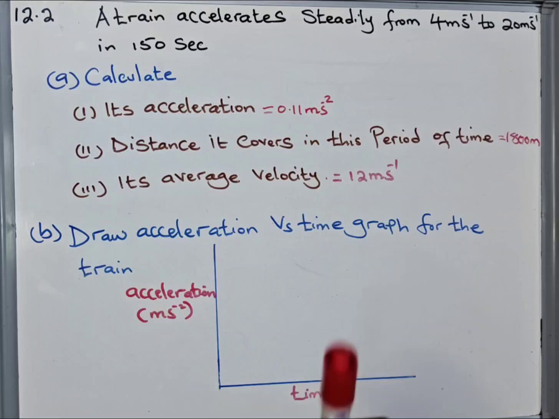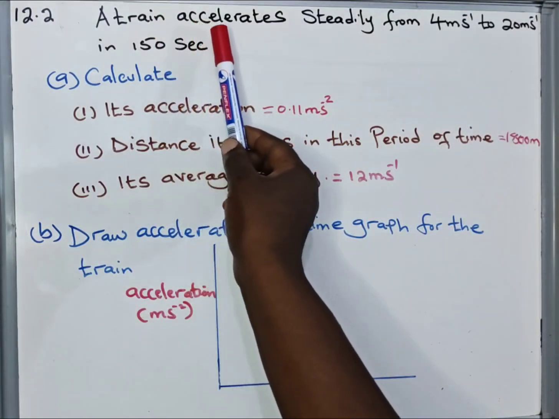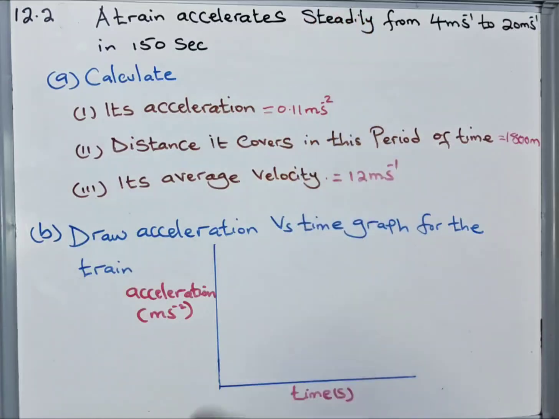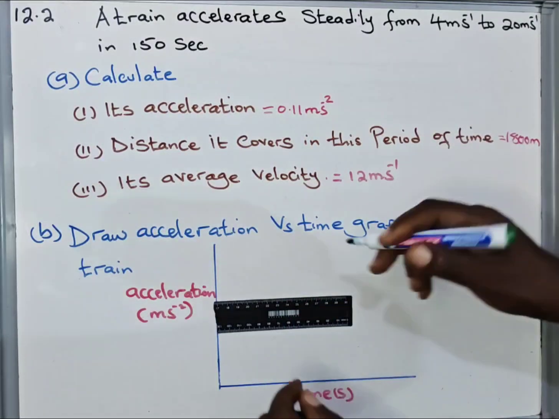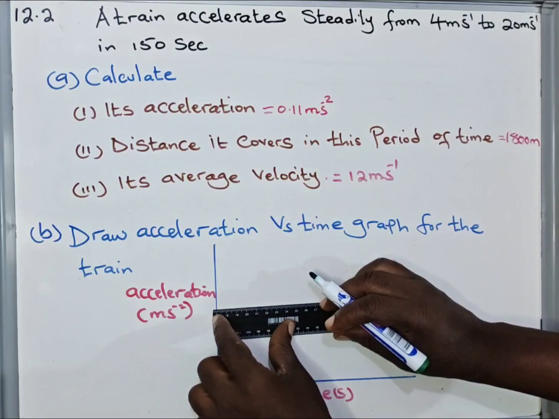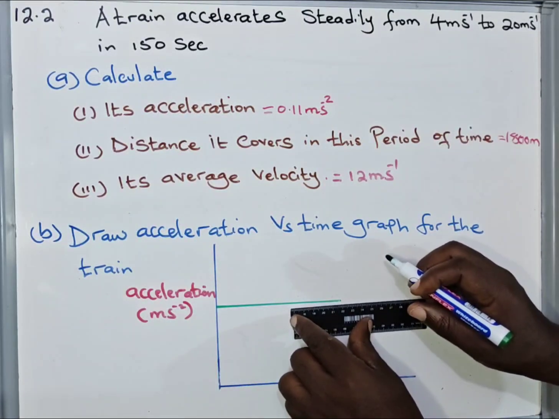We are representing uniform acceleration, because they say a train accelerates steadily. So every time you are representing uniform acceleration, it is a horizontal straight line like this. That's the graph.